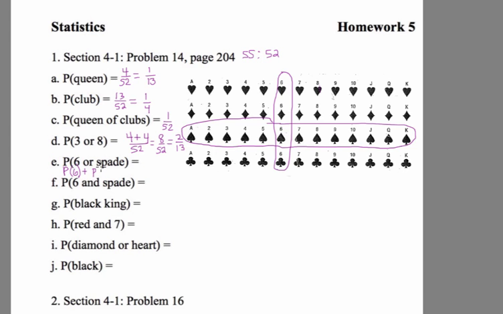Or, for events that are not mutually exclusive, you can take the probability that it was a 6 and add that to the probability that you had a spade, and then subtract off the overlap, the probability that you have a 6 and a spade.